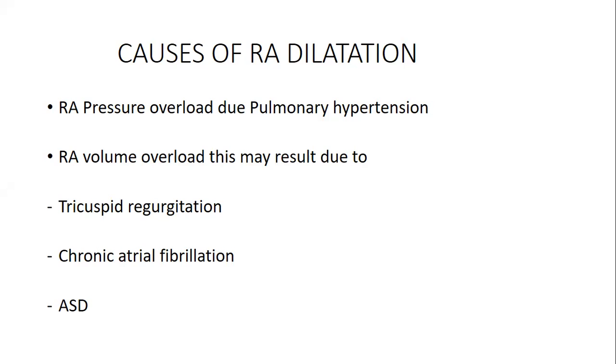You can also check the volume of the right atrium. This can be due to volume overload. This may result from tricuspid regurgitation, chronic atrial fibrillation or an ASD. The question is, how does tricuspid regurgitation result in volume overload? This should be due to the backflow, and the blood within the right atrium is going to dilate our right atrium.